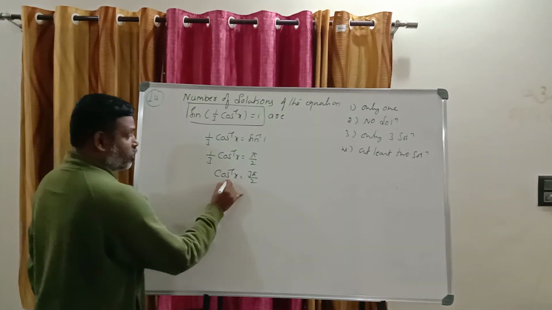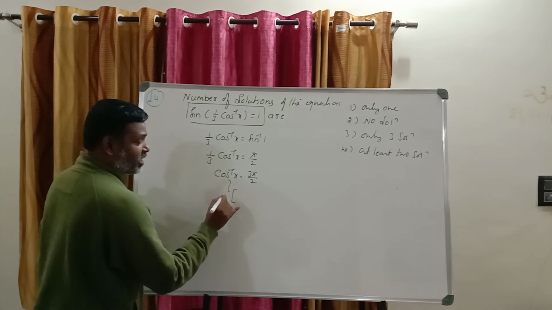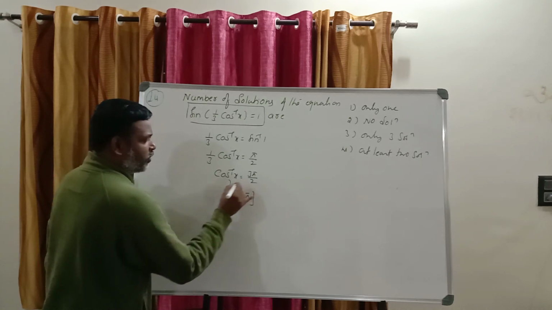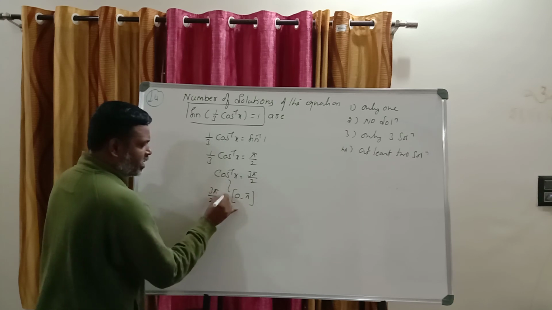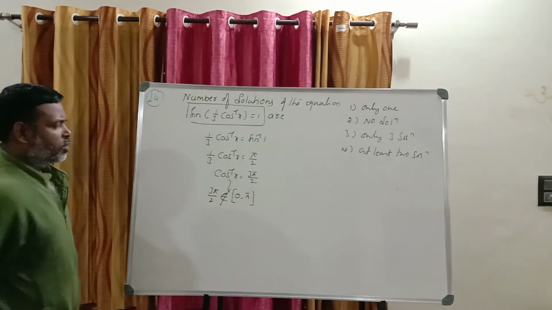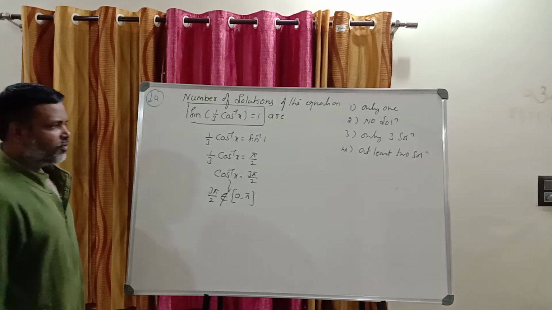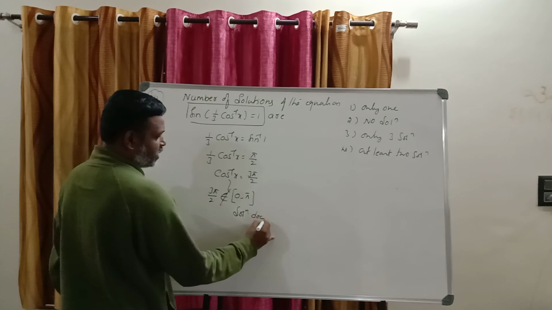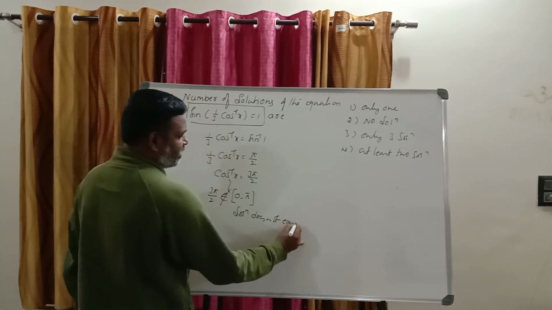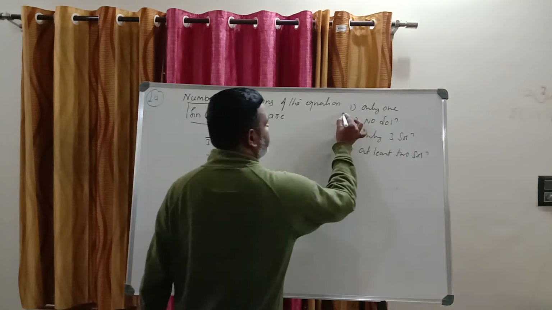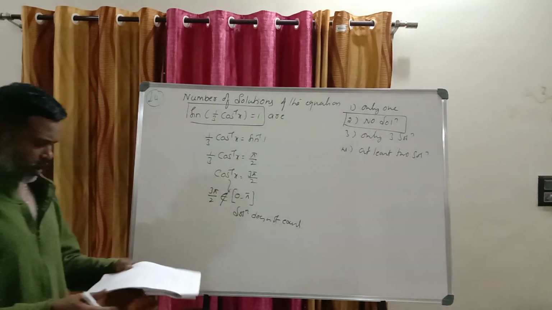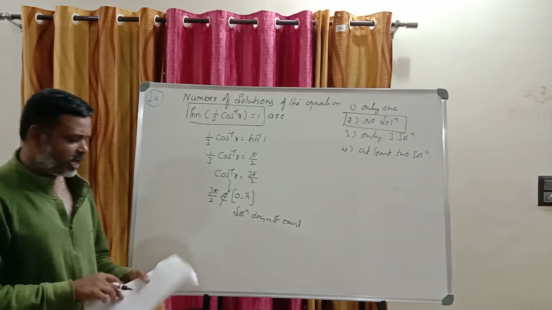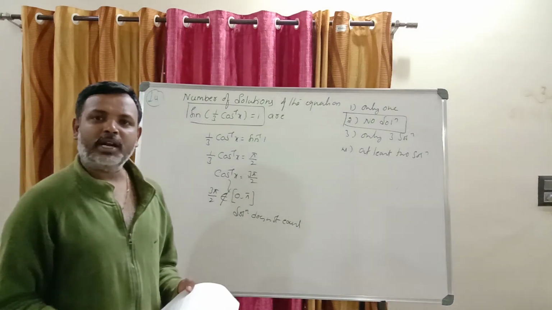But the range of cos inverse of x is from 0 to pi. Therefore this 3 pi by 2 does not belong to the closed interval 0, pi. Therefore the solution does not exist. So the option is no solution for this particular equation. Is it clear? Therefore there is no solution in the closed interval 0, pi. Okay, children? Thank you.